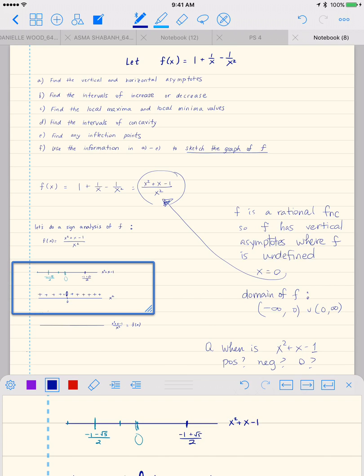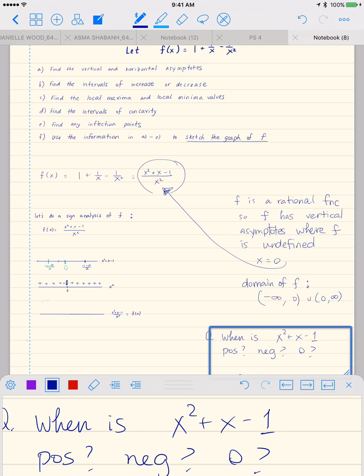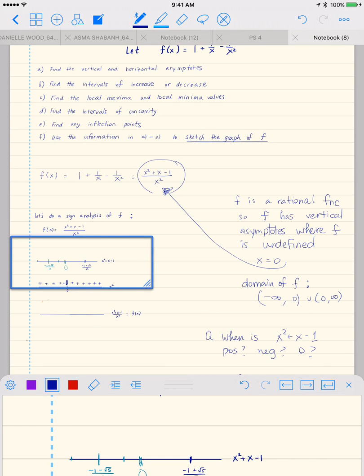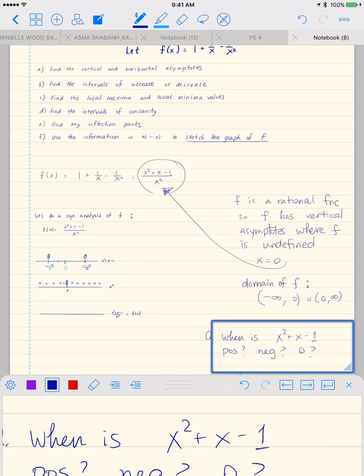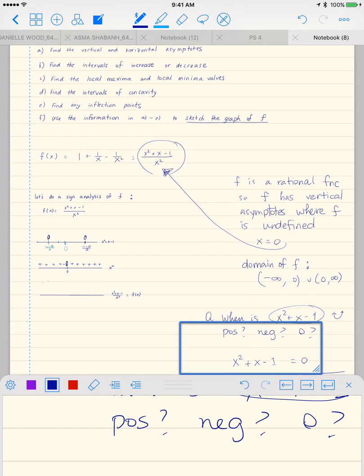Now, remember, I need to know when x squared plus x minus 1 is positive, negative, or 0. So far, I know that it's 0 at the roots. And because this is a parabola and it's facing up, because the leading coefficient is positive, I know that the parabola has to be of this form, right?